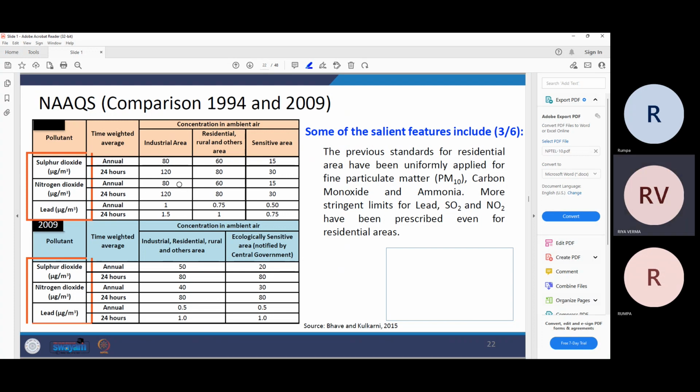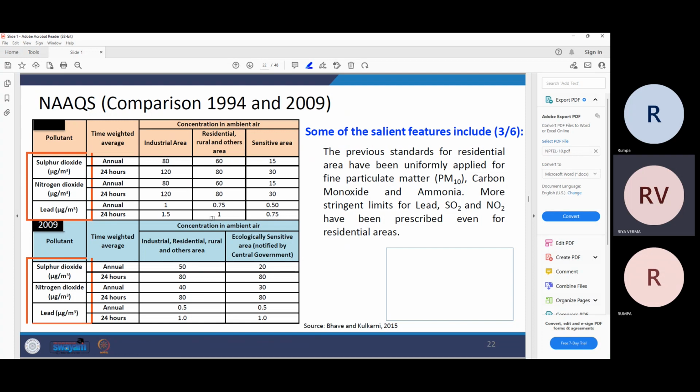The values for the residential areas have also been reduced, that is, more stringent values are taken there.